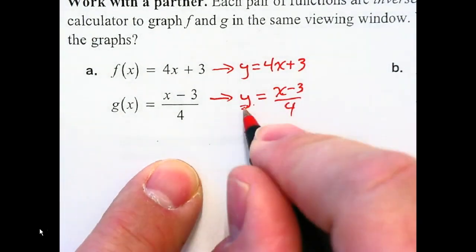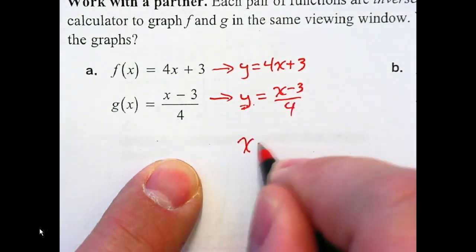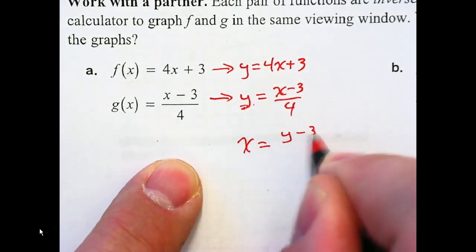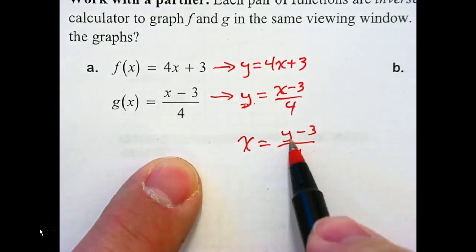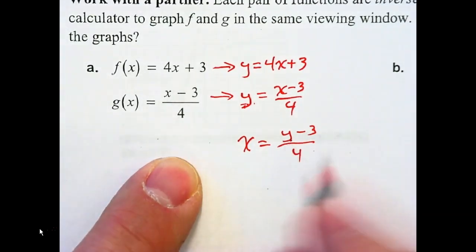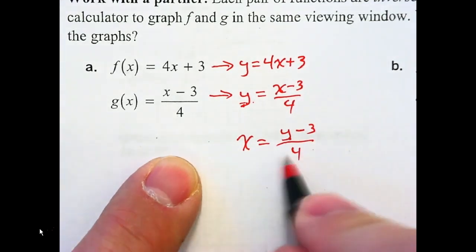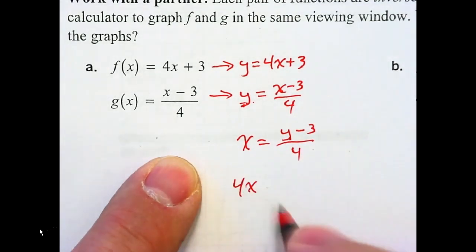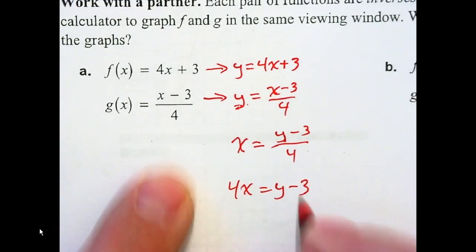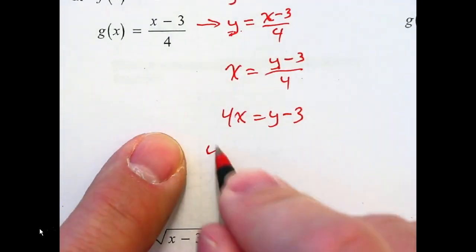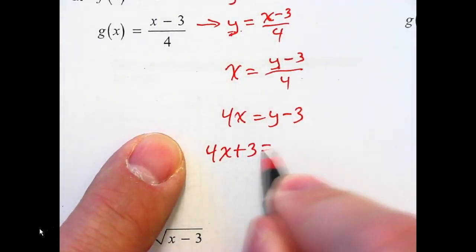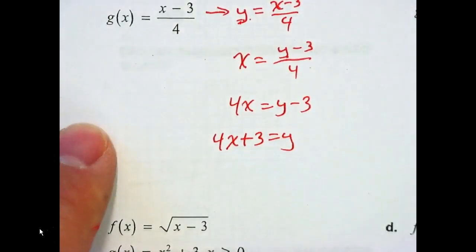So x is now y and y is now x. And if I solve for y, we'd have multiply by 4 and add 3. Okay? You'd have that equation.